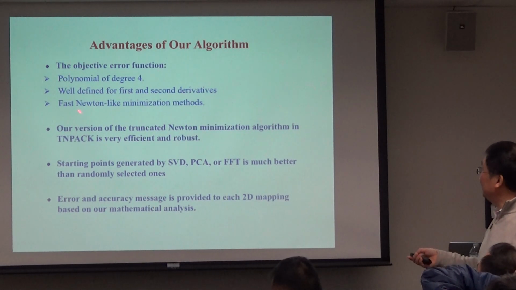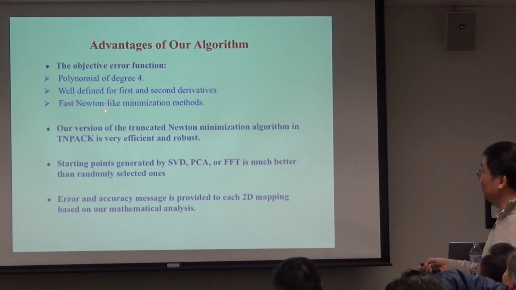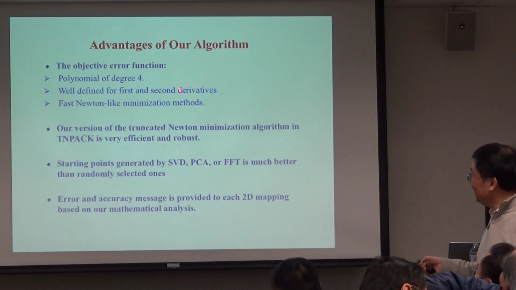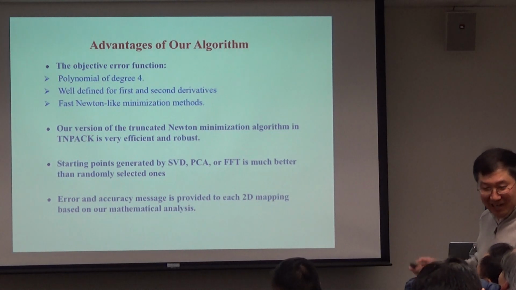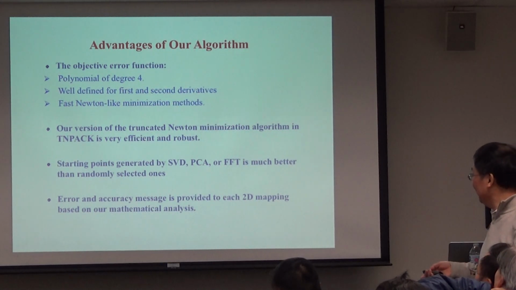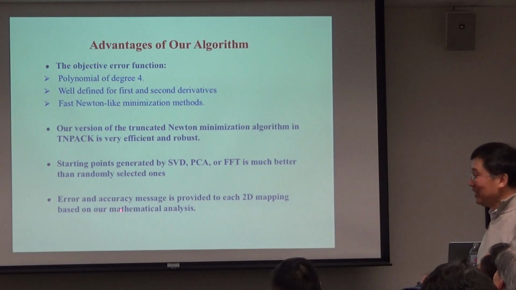So in summary, this is some advantage I show here. Simple and well-defined first and second derivatives, so that we can use Newton-like algorithms. So that's an advantage. Another one is we can control the accuracy.